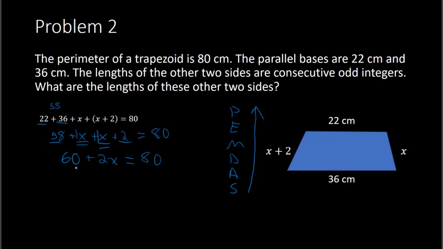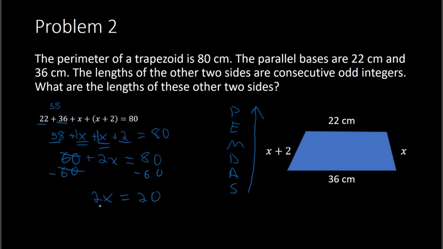The 60, however, is being added with the 2x. So the 60 would be the first thing to get rid of. So to get rid of the 60, which is being added to the 2x, we do the inverse, which would be subtraction. So if we subtract 60 on both sides, 60 minus 60 would cancel, which gives me 0. So we have 2x left over equals 20 on the right side.